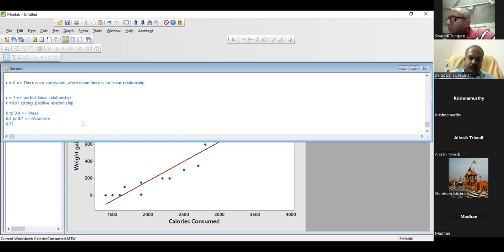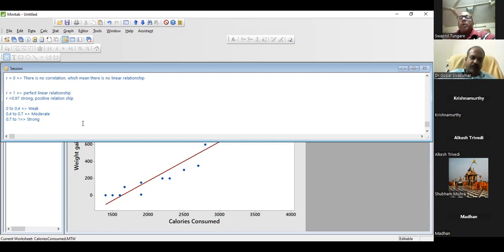R value 0.7 to 1, we'll consider the correlation as strong correlation. And if it is exactly equal to 1, that's the time we will use the word perfect. All of you are with me on this? Yes, sir.